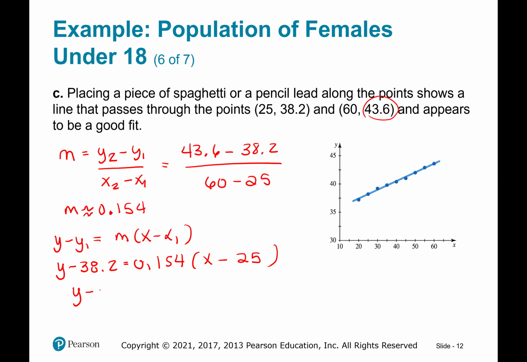So y minus 38.2 is equal to 0.154x. What's 25 times 0.154? Never use your phone. Do as I say, don't do as I'm doing. 3.85, is that what you guys get?